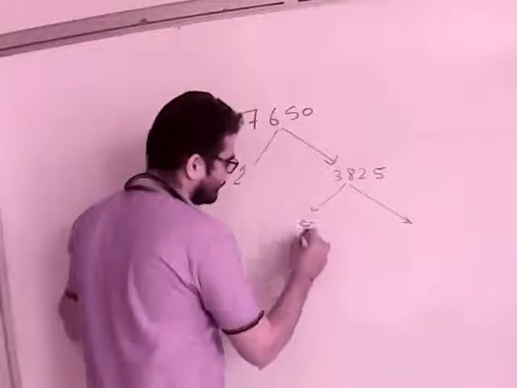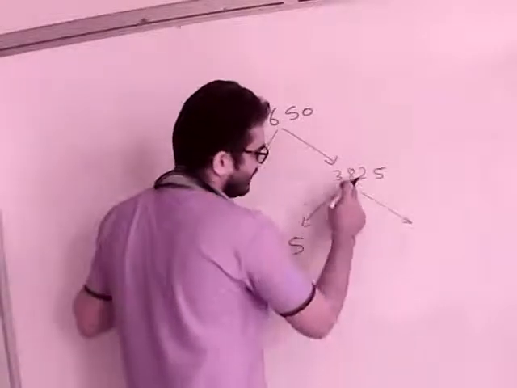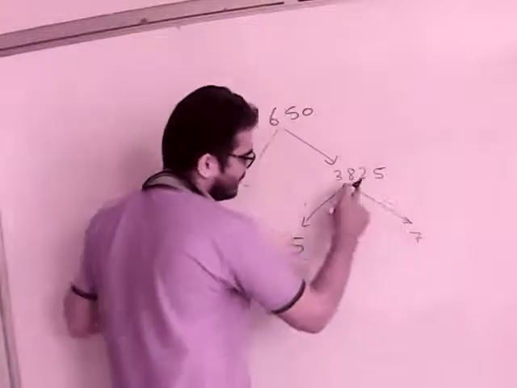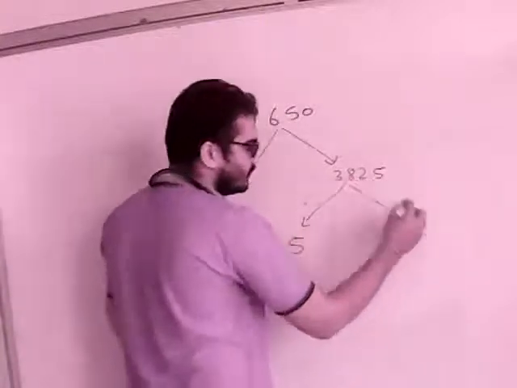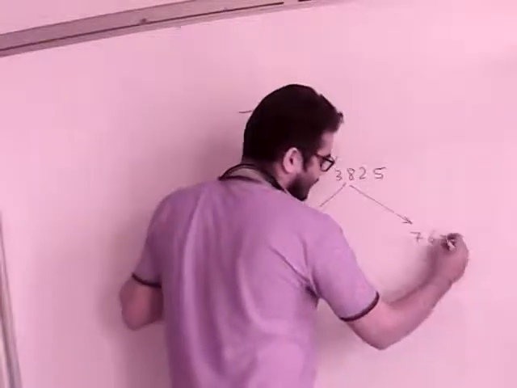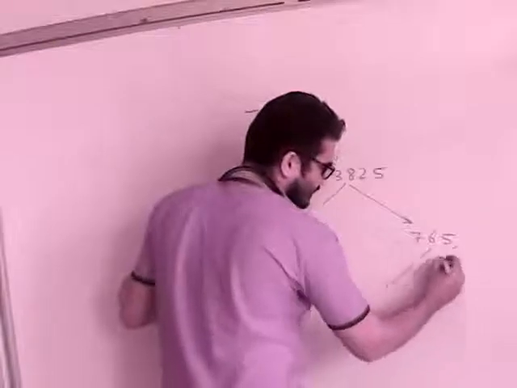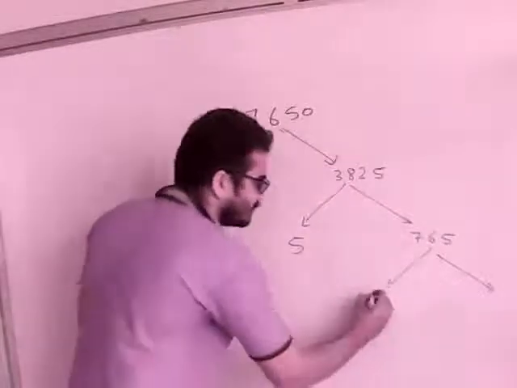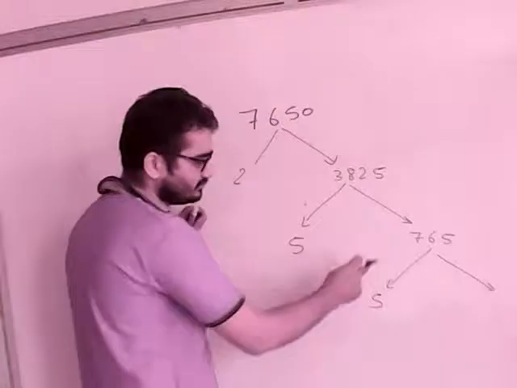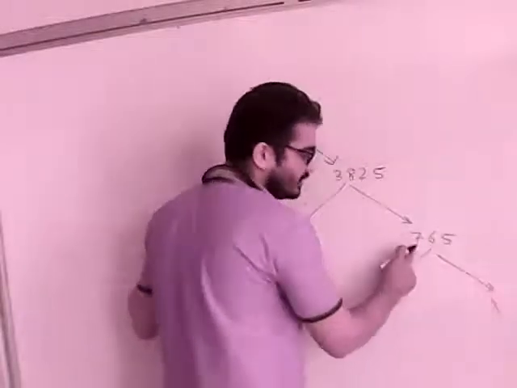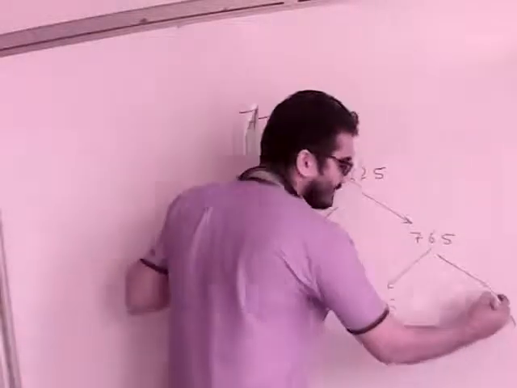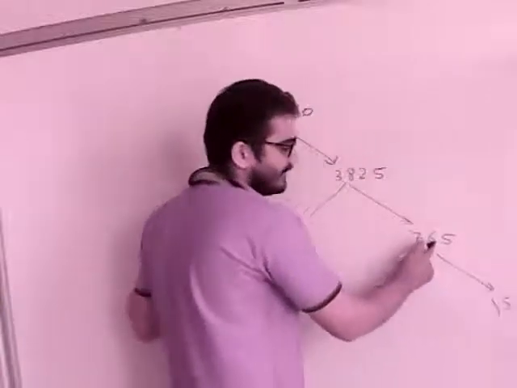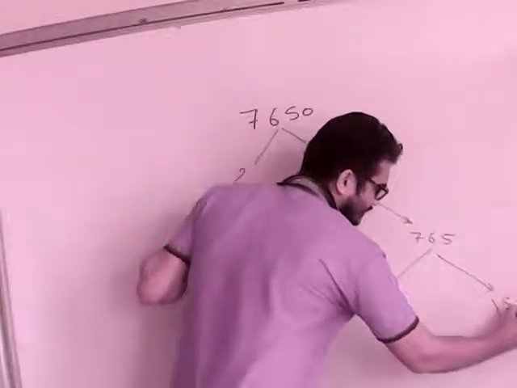So take 5 here: 5 7s are 35, 3 is remaining, 5 6s are 30 and 5 5s are 25. Once again 5 is there, so this will be divided by 5. 5 5s are 25, then once again 1 remaining, 5 3s are 15.